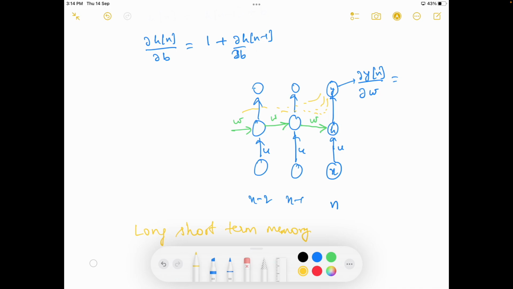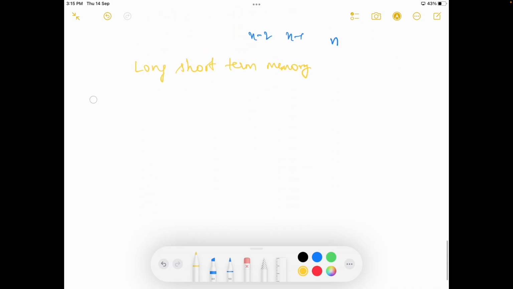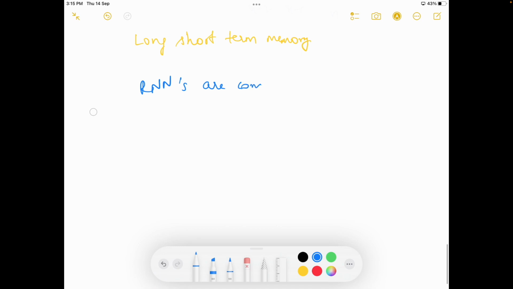Yes. So this is a well-known fact that RNNs are computationally more efficient than CNNs, right?